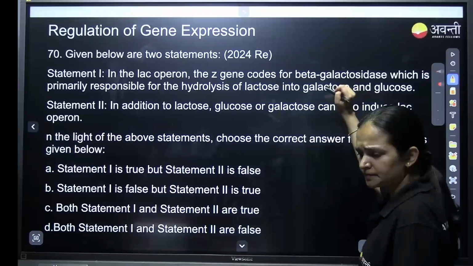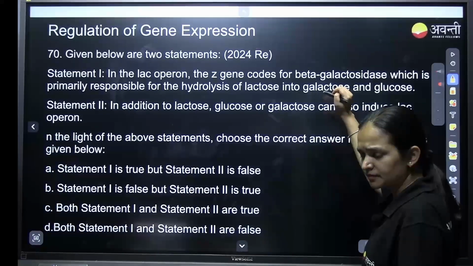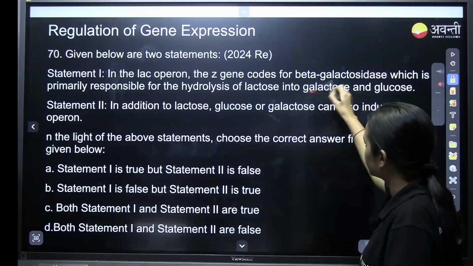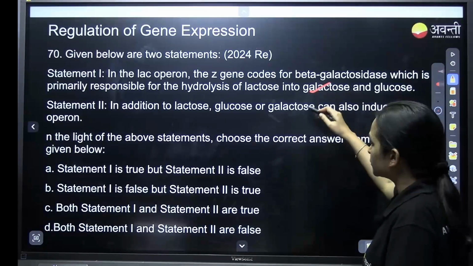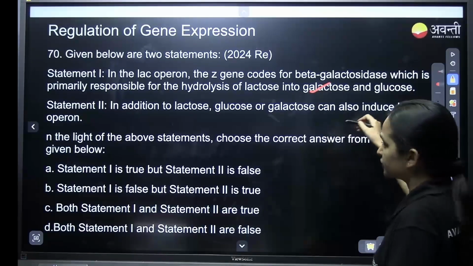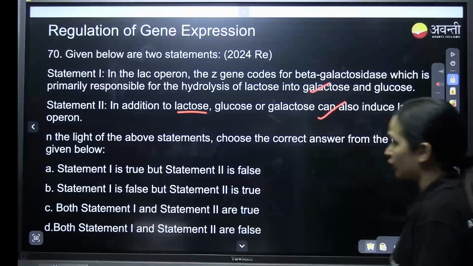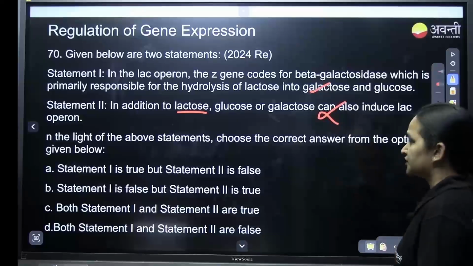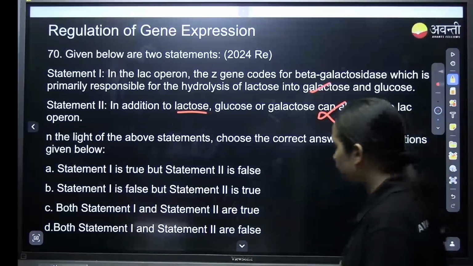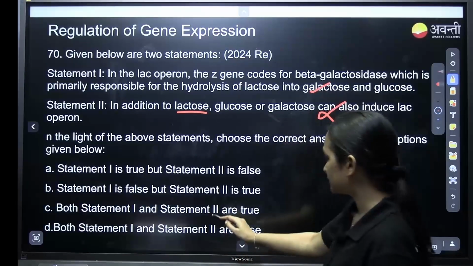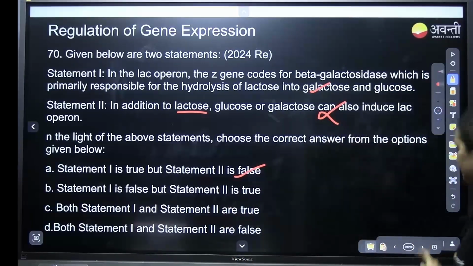Statement 2, in addition to lactose, glucose or galactose can also induce the lac operon. No, actually only lactose can induce the lac operon, not glucose and galactose. So this is wrong, which means 1 is true, 2 is false. Option A.